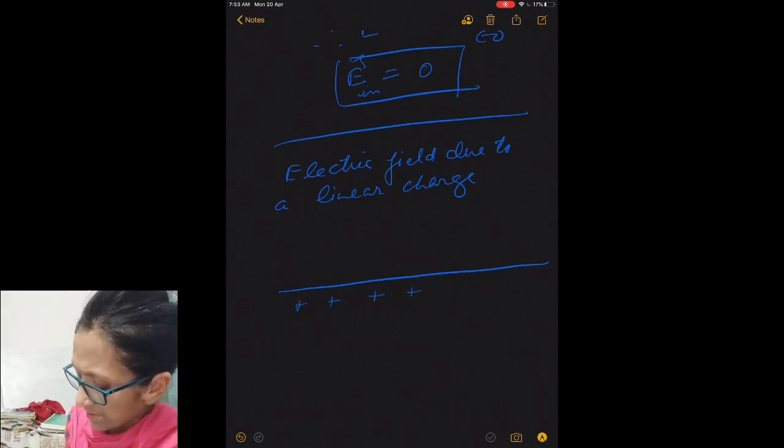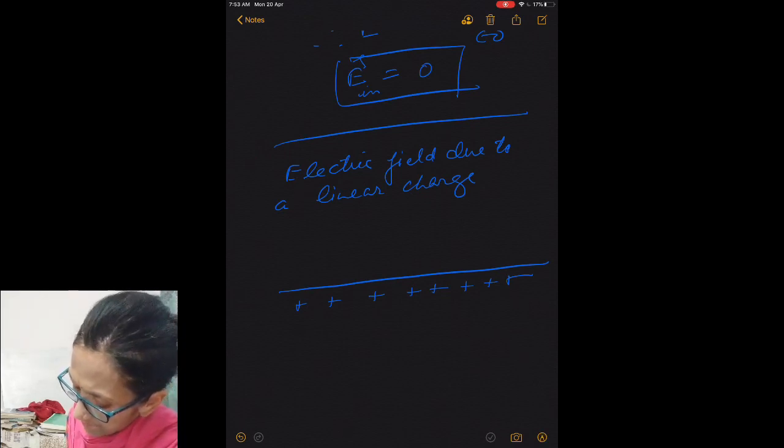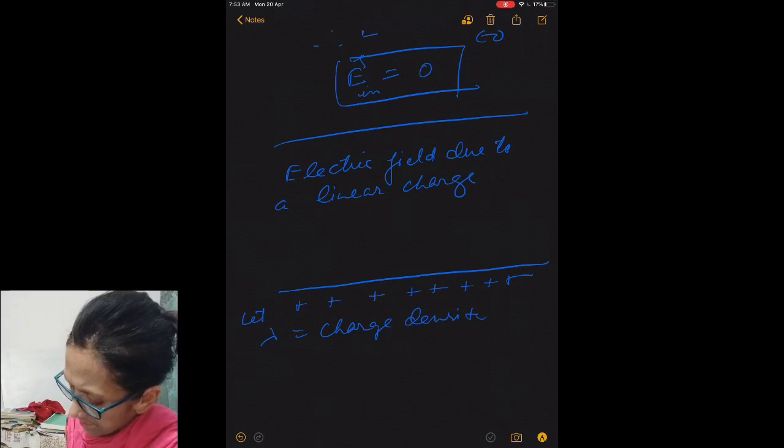Take a line charge. Suppose this charge is positive, having charge density. Since it is linear charge, we can take charge density lambda. Let lambda is charge density.